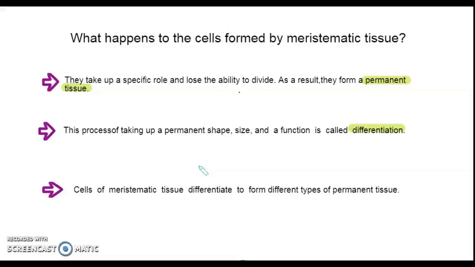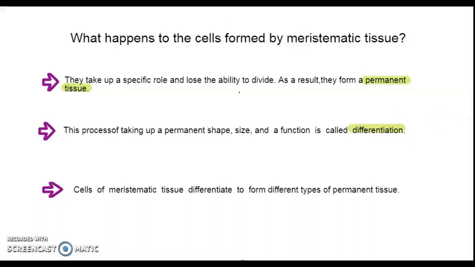Or you can say the meristematic tissue differentiates to form permanent tissue. So, now you understood how a permanent tissue is formed? Yes, when the meristematic tissue loses its ability to divide, they form permanent tissue.